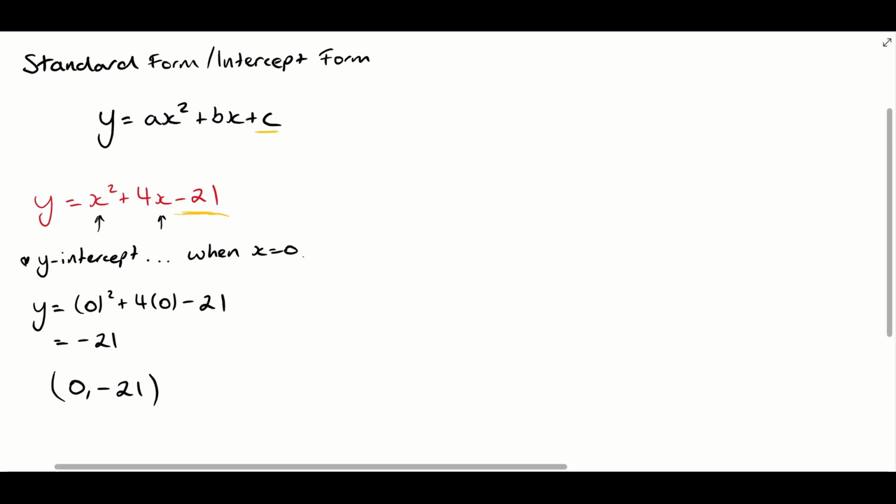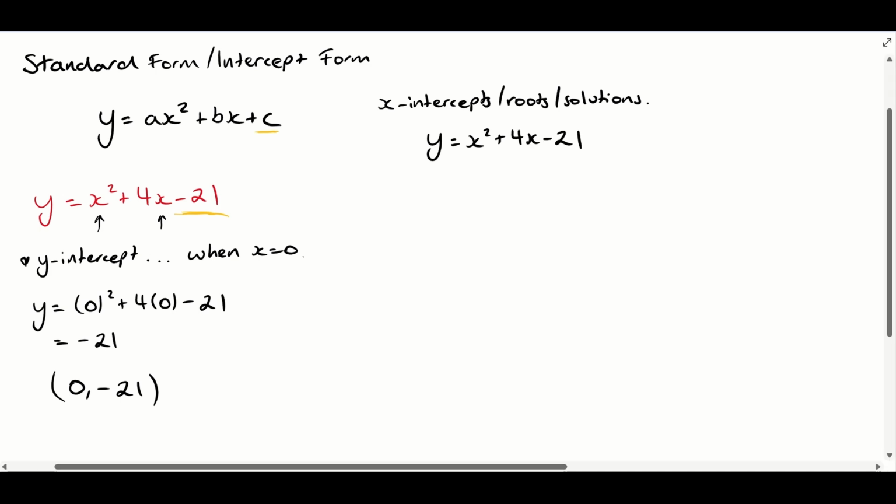The next thing that we might want to look for is our x-intercepts, or sometimes referred to as our roots or our solutions. For this equation, y equals x squared plus 4x minus 21, our x-intercepts always happen when y is equal to 0.